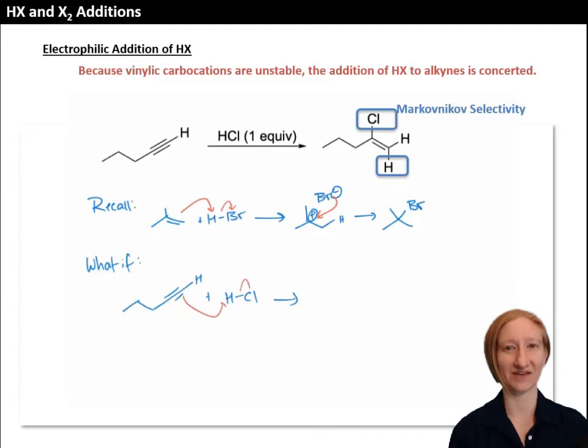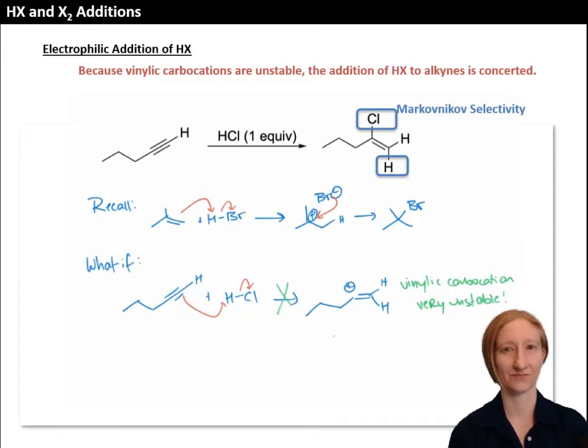This is called a vinylic carbocation, and it's fairly unstable or unfavorable as a carbocation, so alkynes will not react with acids to form carbocations. Because this vinylic carbocation is unstable, alkynes will react with acids in a concerted pathway that avoids formation of a carbocation.